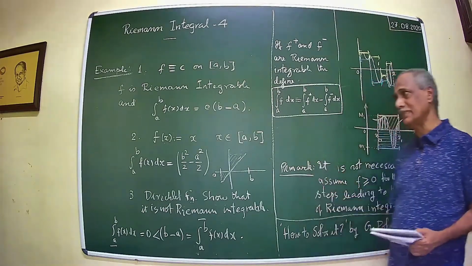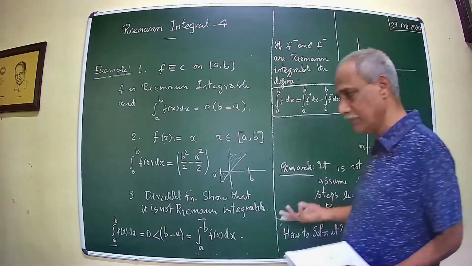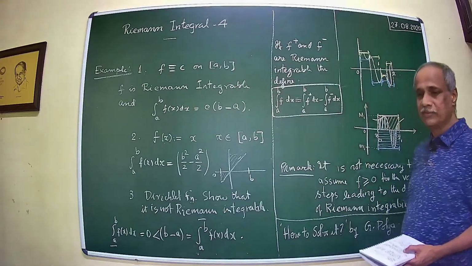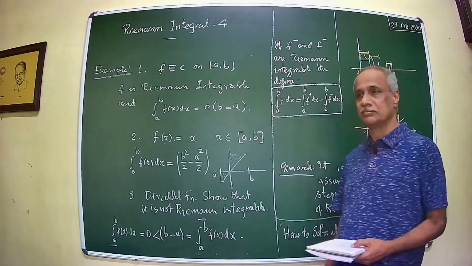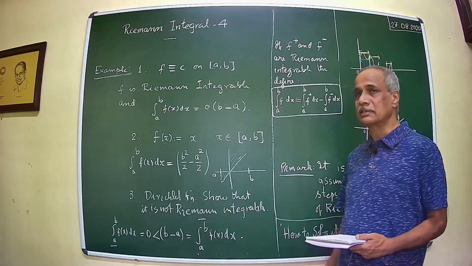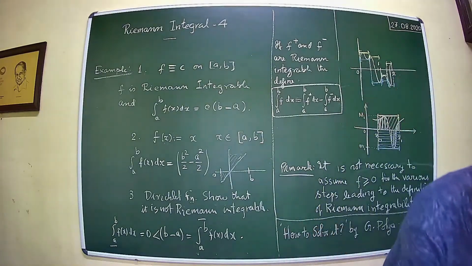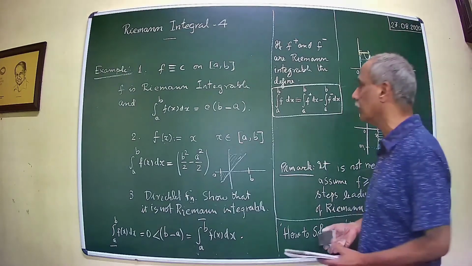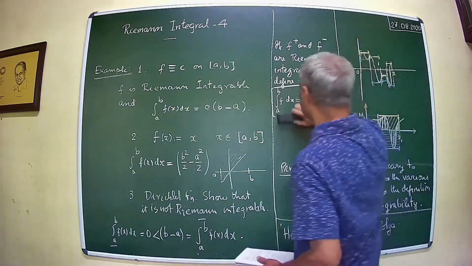So this is the strategy. You see that our definition is fine, it's well defined, and everything is wonderful about it, but given a function, sometimes it may not be easy to check this. So let us ask, is it possible to characterize the Riemann integrability?